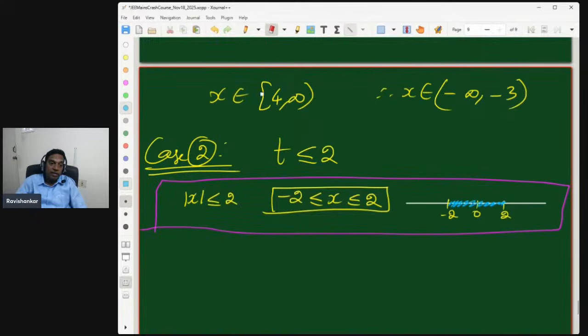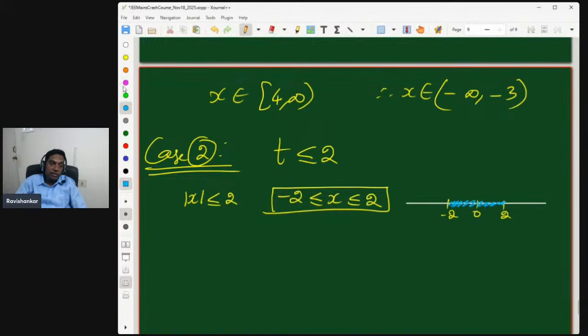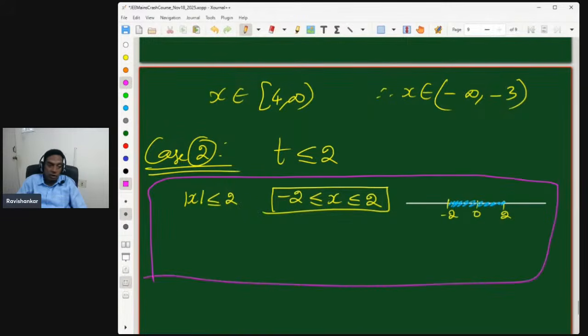In fact, in general, in case you encounter this, mod of x minus a less than or equal to b means the distance from x to a must be less than or equal to b. So start from a, whatever it is, and go till a plus b and a minus b.